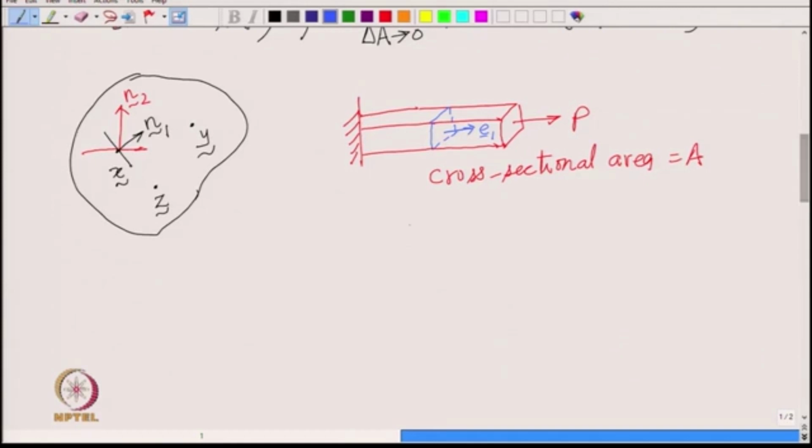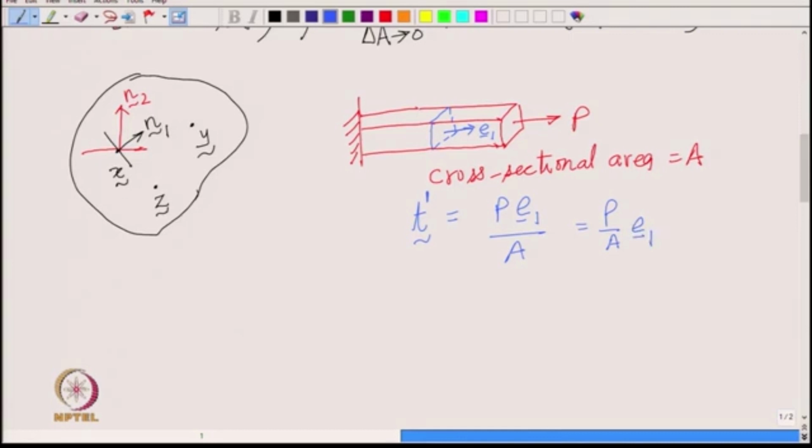So, the traction T on this plane whose normal is E1, I will write it with a superscript 1. So, superscript 1 means its normal is E1. So, this T1 is simply PE1 divided by area. So, that is P by A E1.